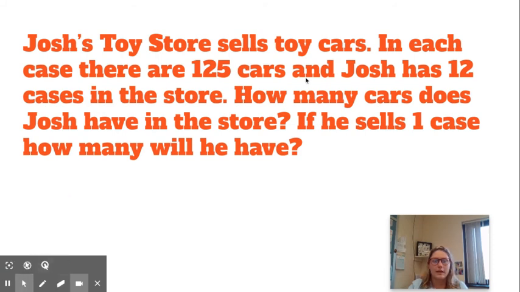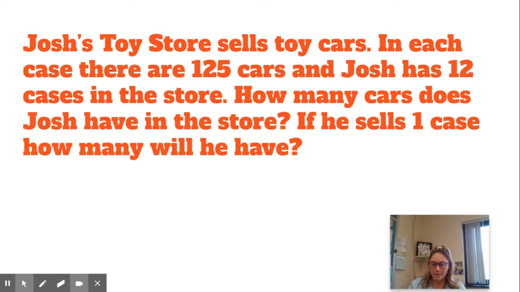Now this is the part where we move on to solving. Reading it again, Josh's toy store sells toy cars. In each case, there are 125 cars, and Josh has 12 cases in the store. How many cars does Josh have in the store? If he sells one case, how many will he have? Like I said earlier in the video, we're going to use two operations.